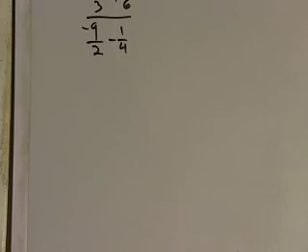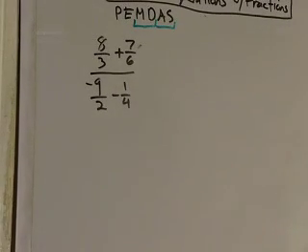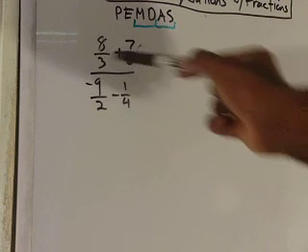So what's going to happen there? So 8 1/3 plus 7 over 6, minus 9 over 2 minus 1/4. Okay, so first thing we need here is what? We need to get a common denominator.